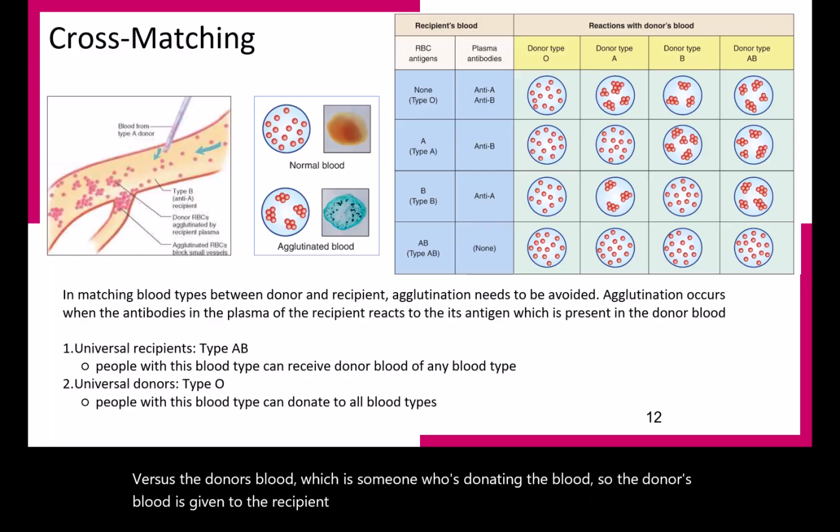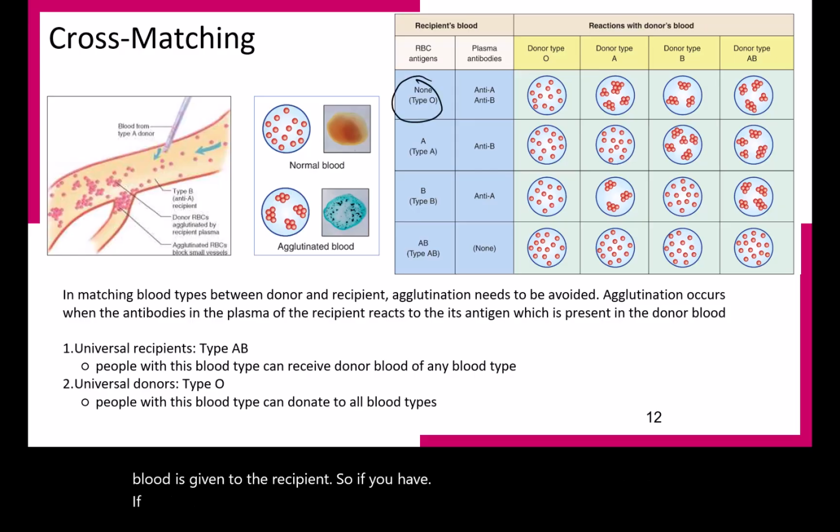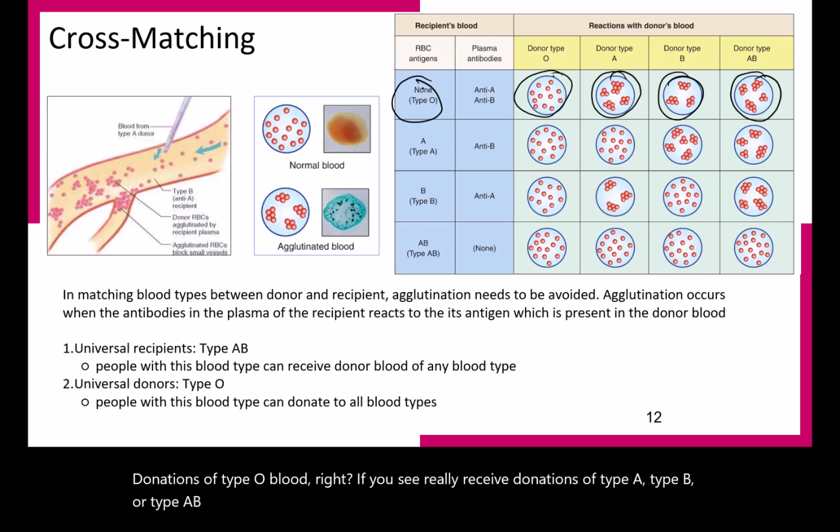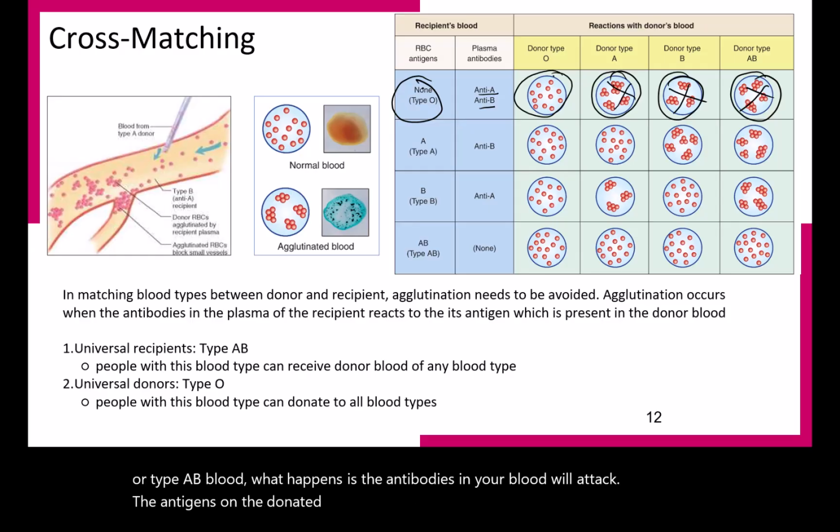If you are type O blood, you can only receive donations of type O blood, right? If you receive donations of type A, type B, or type AB blood, the antibodies in your blood will attack the antigens on the donated blood, and it will cause clumps.